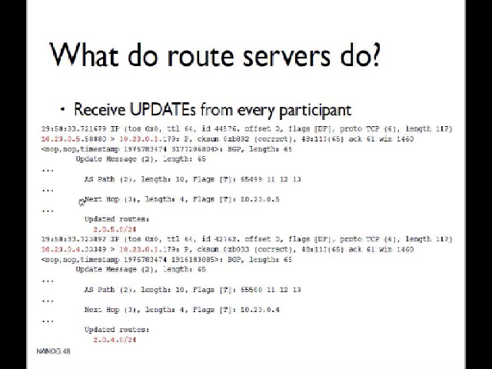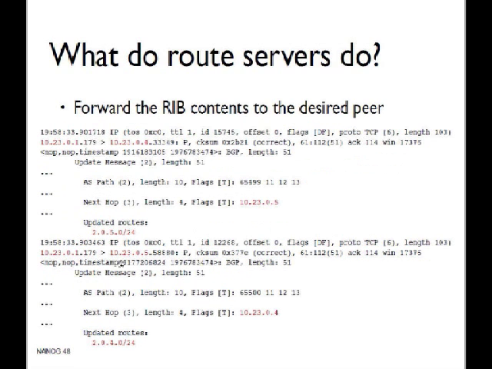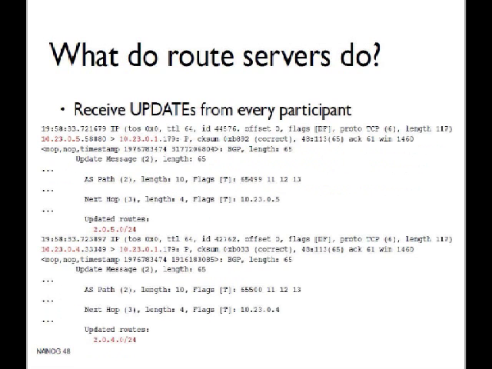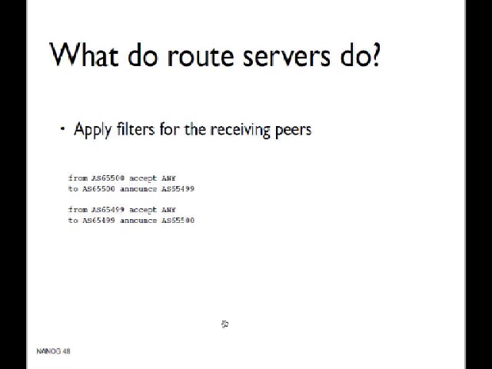In the first case, the .5 sends me the route to 2.0.5, and .4 sends me the route to 2.0.4/24.